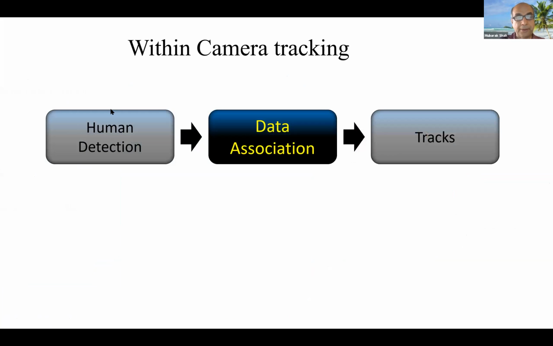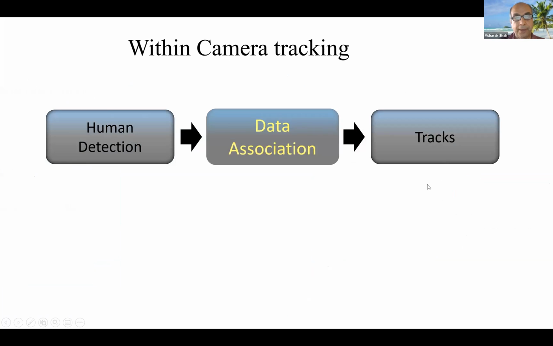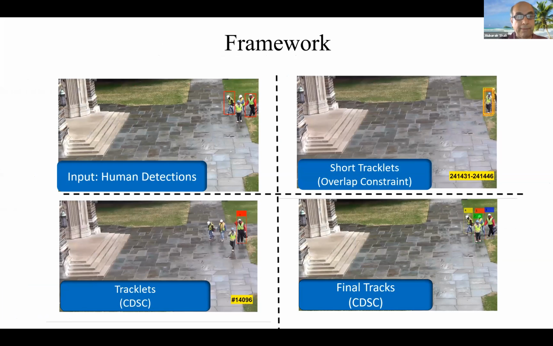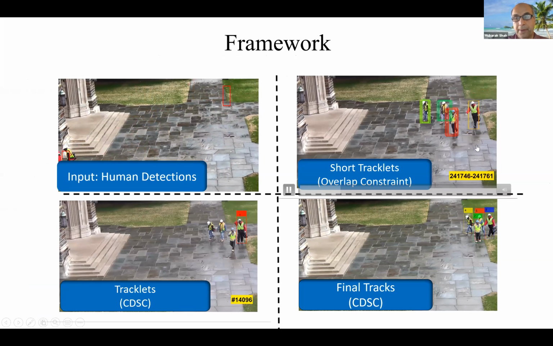Let's look at the first layer. We have human detections, and we want to do data association to get the tracks. This is an example. These are the detections, the red bounding boxes. As you see, some of them are missing and some are incorrect, but we take these and get short tracklets, which are 15 frames long.